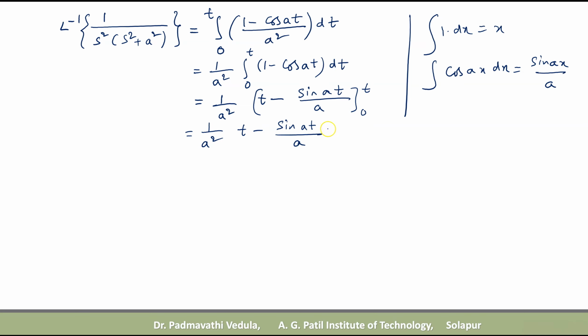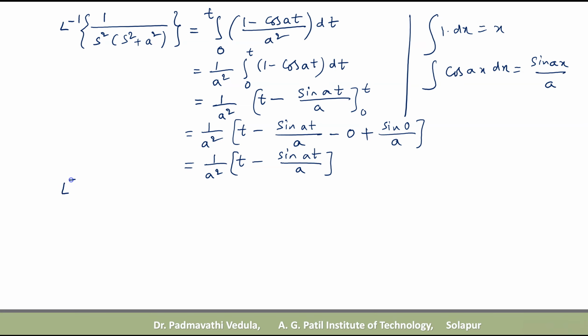When you apply the lower limit, you get 0 in the place of t, plus sin 0 upon a. As sin 0 is 0, you get 1 by a square into t minus sin at upon a. So this is the inverse Laplace of 1 by s square into s square plus a square.